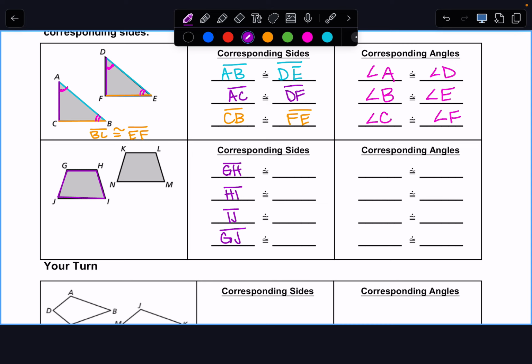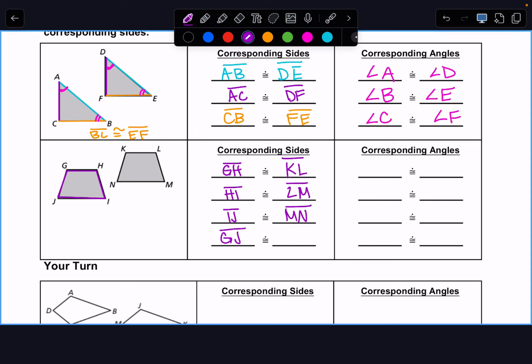All right, Matthew. GH is congruent to what side? He whispered KL. Don't be afraid to say it out. Landon S, HI. Okay. Carly, IJ.